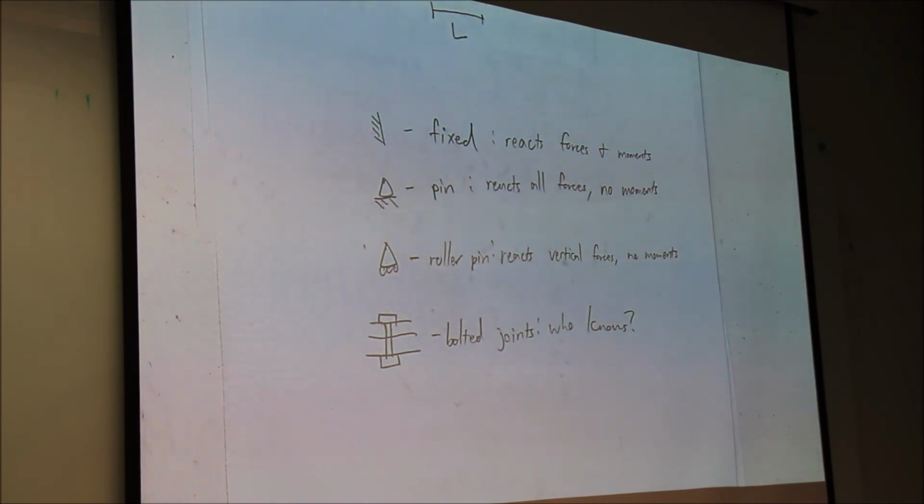Any other boundary conditions you guys can think of? For instance, let's say I have a shelf and I pull out a shelf, I push in a shelf, and it doesn't resist my forces. What are the conditions that a roller like that would resist?